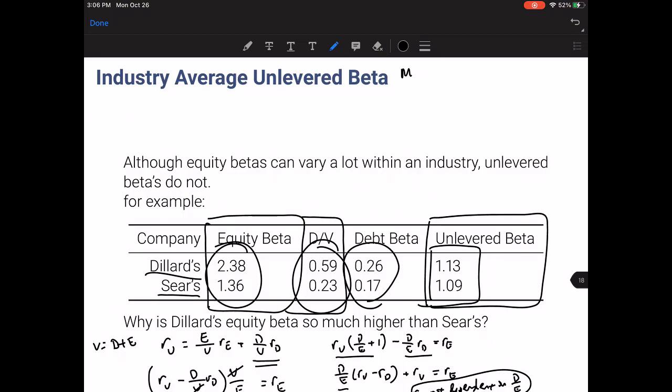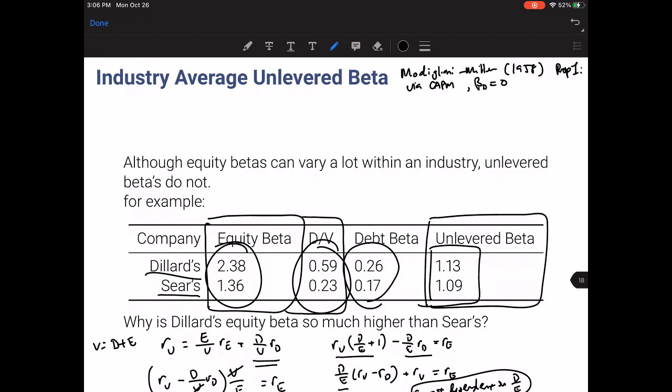Actually, let me write out the name. M-O-D-I, Modigliani-Miller. This is from their 1958 paper. And this is the first proposition, which states that capital structure is irrelevant to the value of the firm. We can prove this through CAPM. So I'm going to write via CAPM, and also assuming that the debt beta is 0.